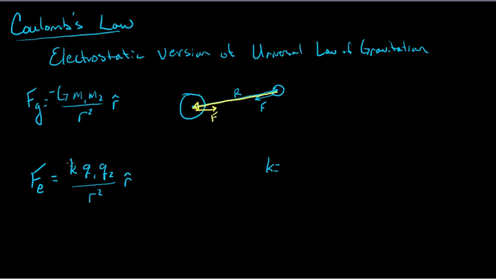Now this K. G over here was really, really small. It's 6.67 times 10 to the negative 11th Newton meter squared per kilogram squared. That's G. K is about 20 orders of magnitude larger. K equals 8.99 times 10 to the 9th.